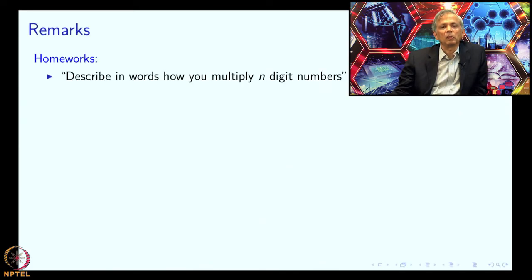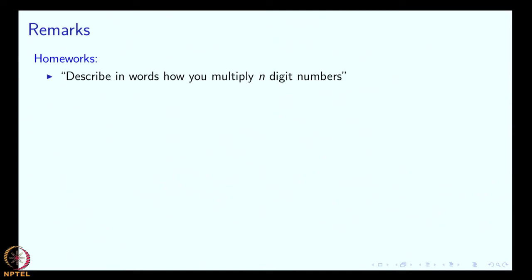Okay, so what kind of homeworks can you give on this topic, in the introductory topic in which you describe how computers work? Well, you could say, describe in words how you multiply n-digit numbers. So you have assured in the first part of this that you have told the student that multiplication is an algorithm. So now you ask them to work that out.